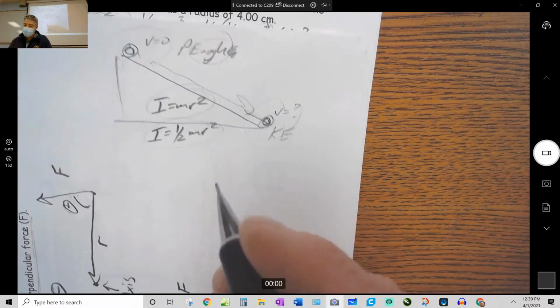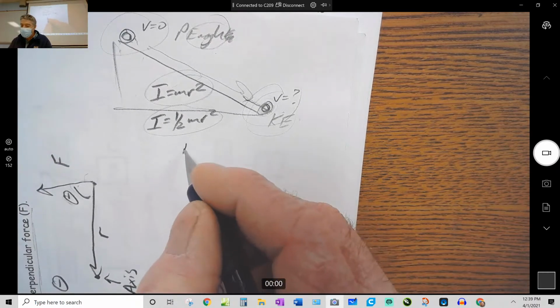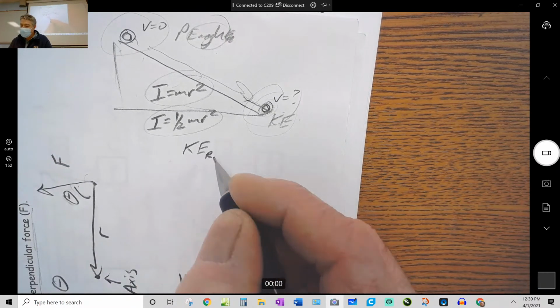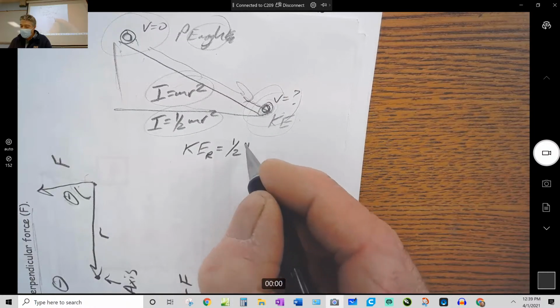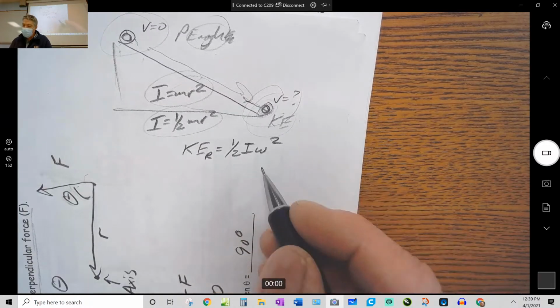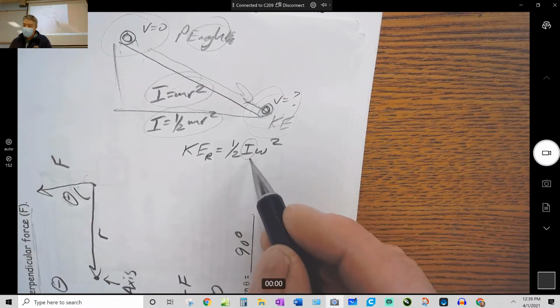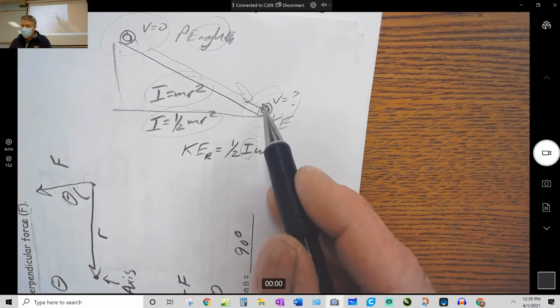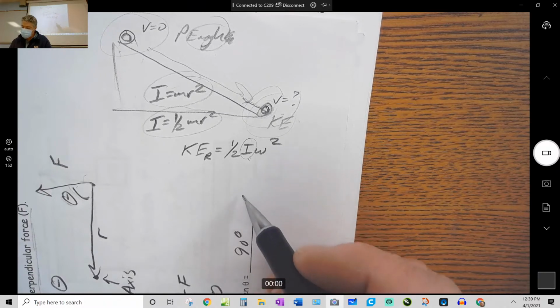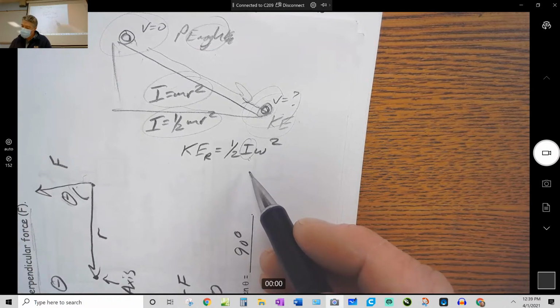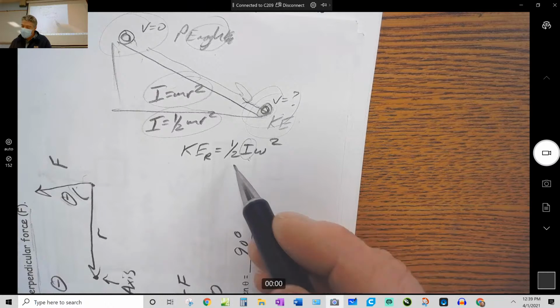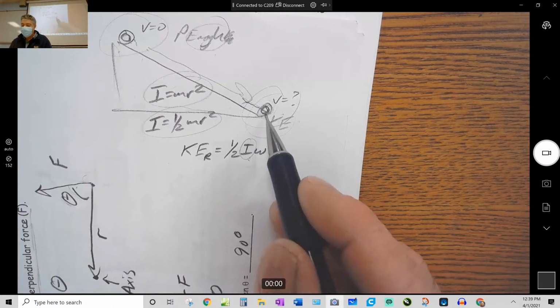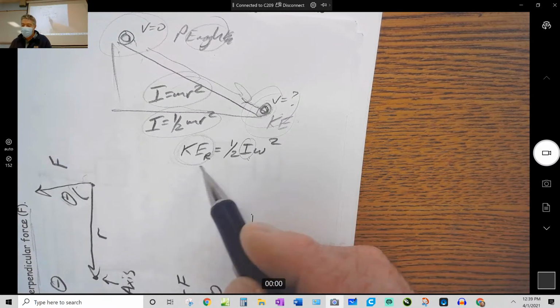And maybe I should ask it this way. If rotational kinetic energy is 1/2 I omega squared, if you have a bigger moment of inertia, then when this object gets to the bottom, that means this kinetic energy is going to be higher.